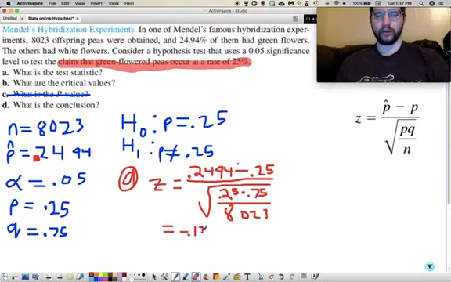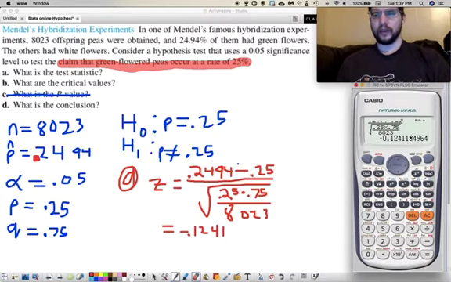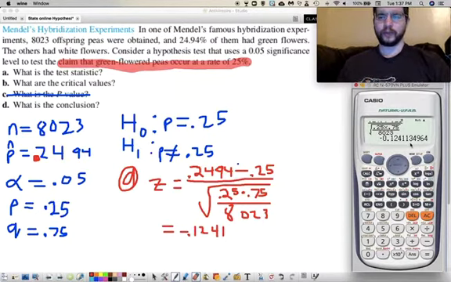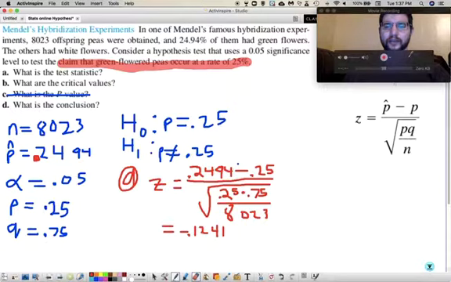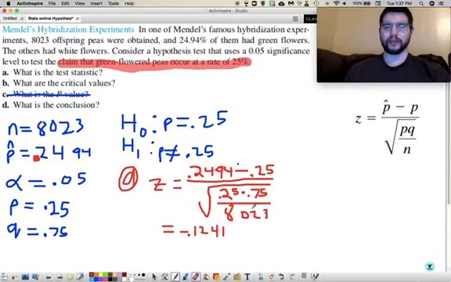Negative 0.1241. The reason I want to go 4 decimal places, usually these z scores, or the critical values, are rounded to 2 decimal places. A few of them are rounded to 3 decimal places. So if we go 4 decimal places, we'll definitely be safe and know if it's bigger or smaller than our critical values. So for part A, we're done.